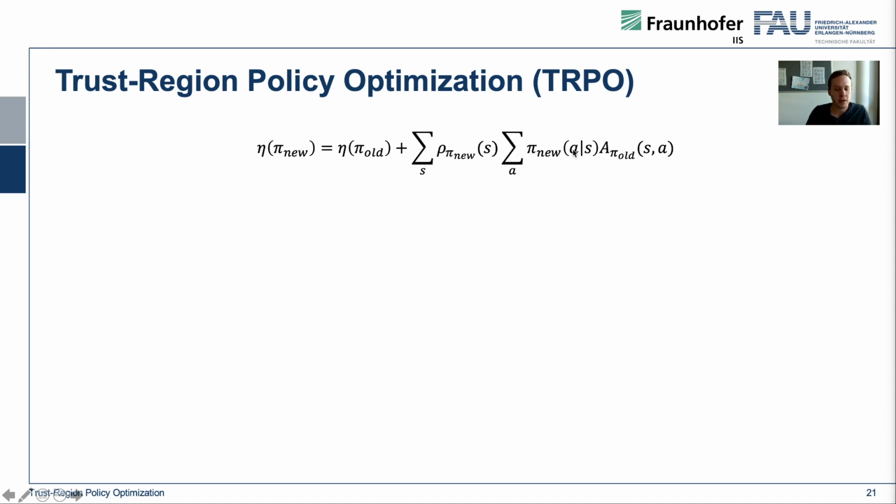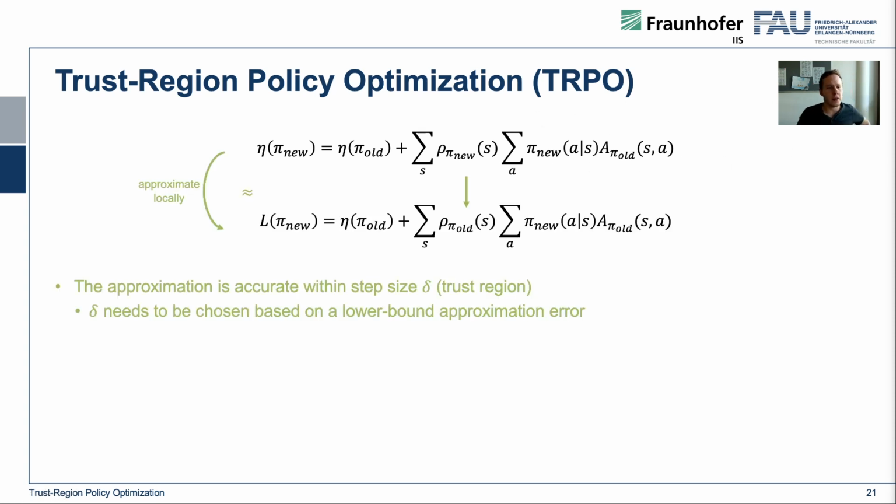What we can do is reformulate the problem so that we have all the estimates from the old policy. We sampled the advantage estimates, and we have the probabilities. It turns out that we can come up with a surrogate function that locally approximates our estimated return.